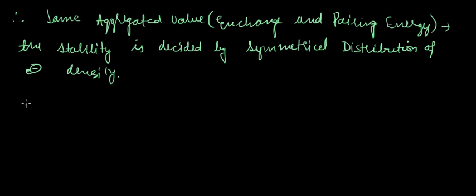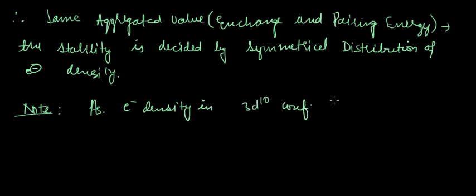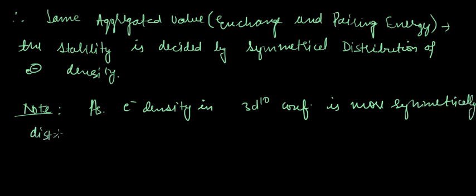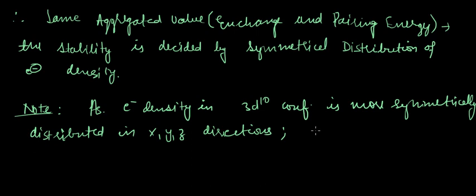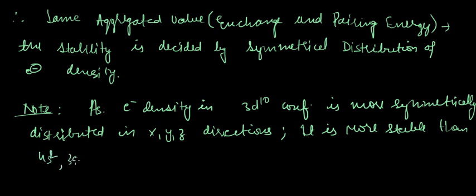Okay, so let's make a note on the same: as electron density in the 3d10 configuration is more symmetrically distributed in the x, y and z directions, hence it is more stable than the 4s2 and 3d9 configuration.